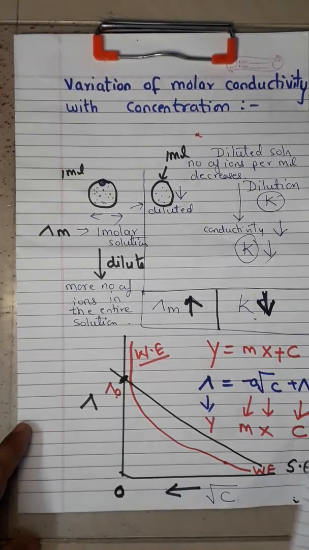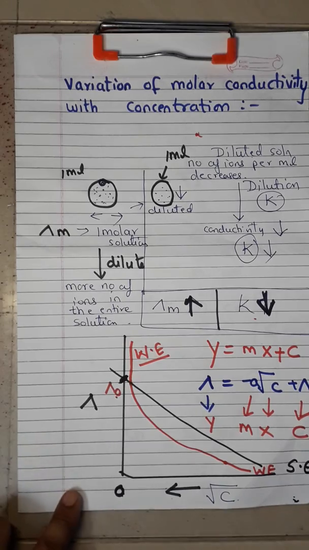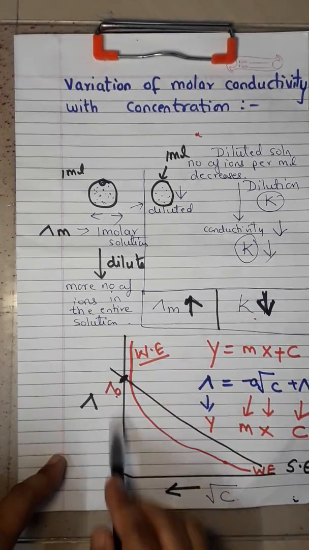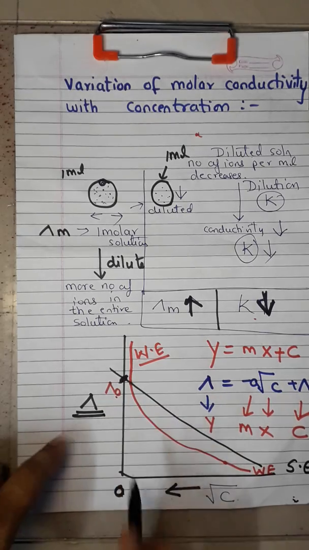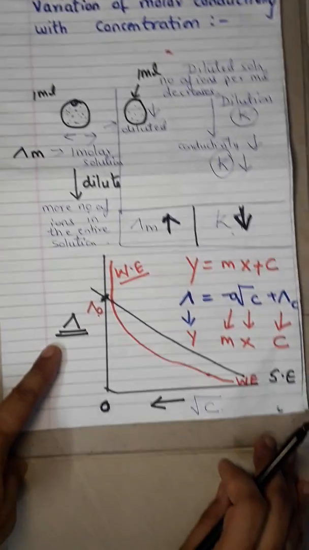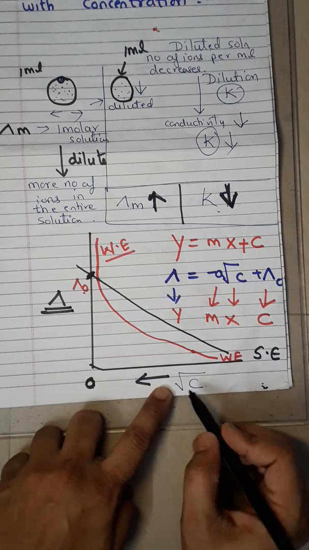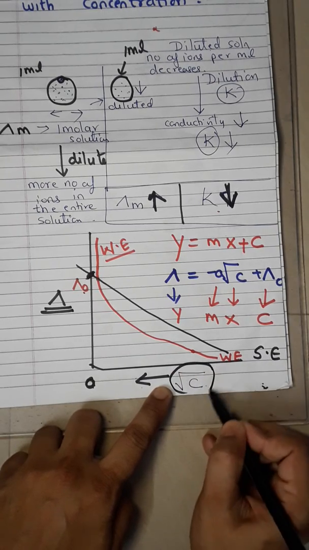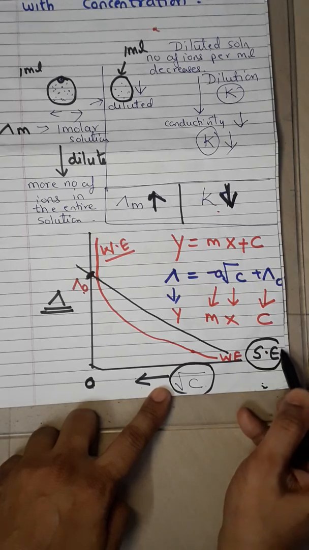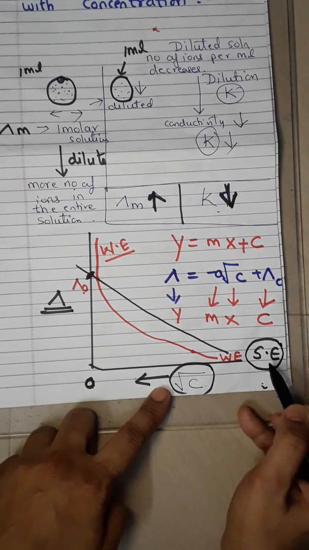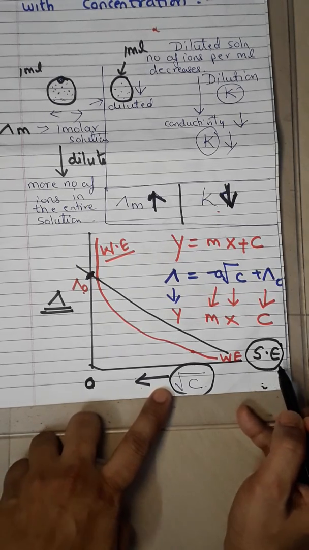Now here we have a graph wherein you can see that on the y-axis I have plotted lambda, that is molar conductivity, and on the x-axis I have plotted square root of C. Take the example of a strong electrolyte. Wherever I am highlighting or pointing out, please look at that point.